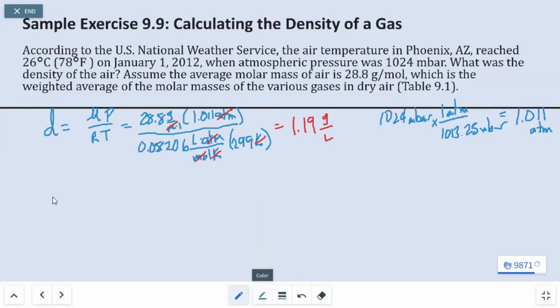And what I mean by that is, if this is our equation, PV is equal to nRT, what we can find is something like the molar density, where I can turn this into n over V is equal to P over RT.